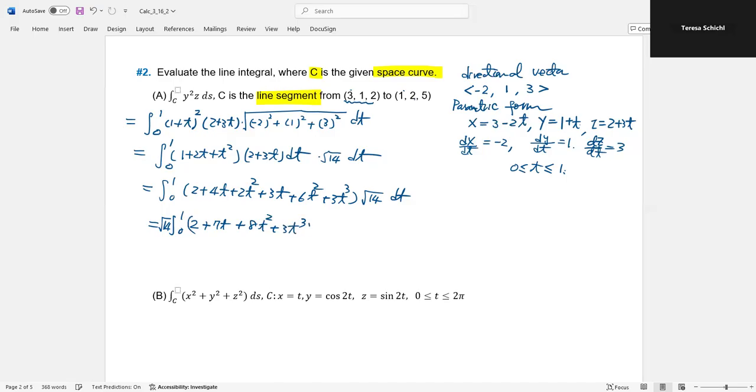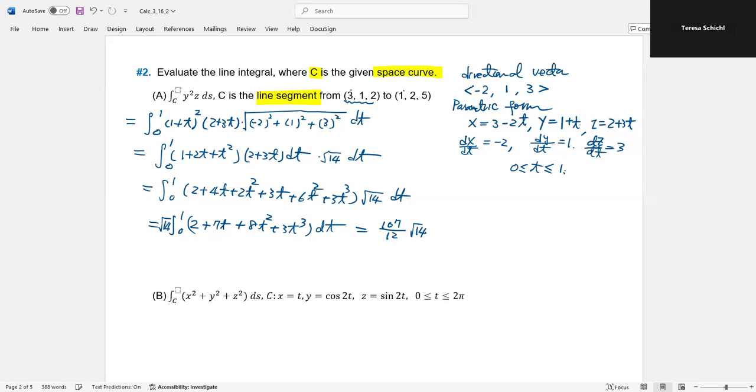Then you integrate using the power rule. After you integrate, you put the upper bound minus the lower bound. The final answer for this one becomes 107/12 times the square root of 14. Okay.